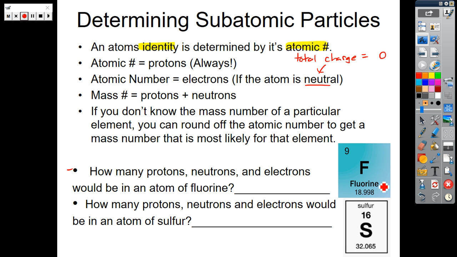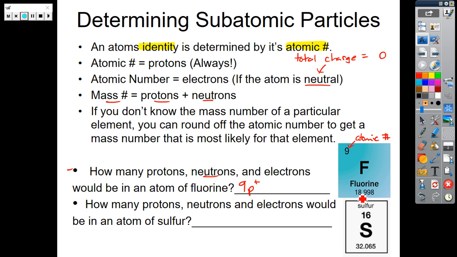Well, if you look in the box, you can see that the atomic number of fluorine is 9. Okay, so that tells us the number of protons. So we know we're going to have 9 protons in an atom of fluorine. Now for the number of neutrons, remember, that's not given to you in the box directly, but the mass number is equal to the protons and the neutrons added together.